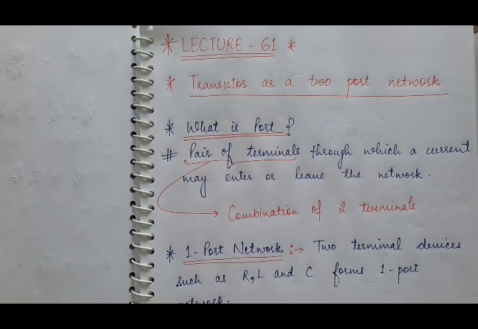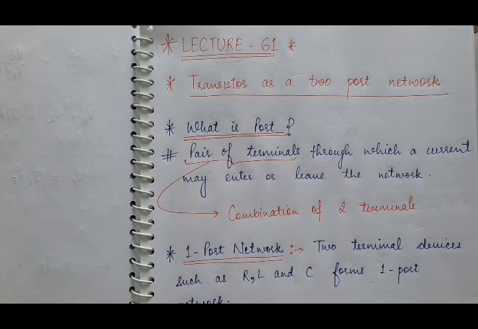Pair means it consists of two terminals. So a port is the combination of two terminals through which current may enter or leave the network.